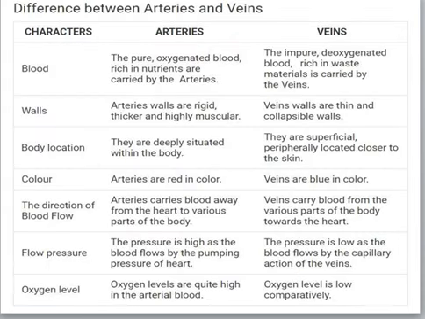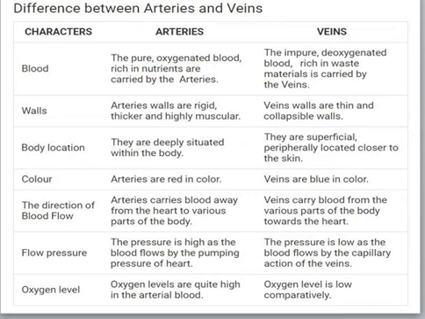Now coming on to the difference between arteries and veins. Based on the blood, arteries carry pure oxygenated blood rich in nutrients, and veins carry deoxygenated blood rich in waste.